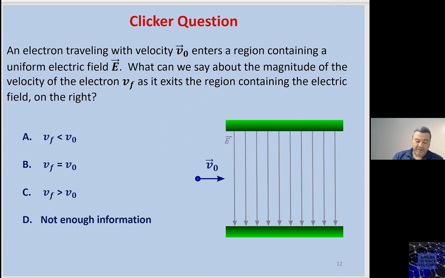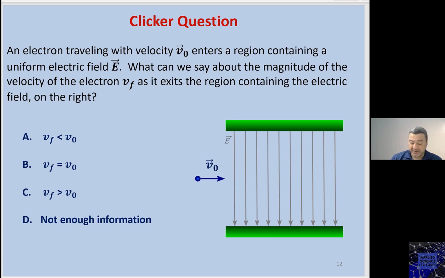So in this question, we need to know that it's an electron going through this electric field. This is a uniform electric field, and it's coming with a velocity v naught. The question is asking what can we say about the magnitude of the velocity of the electron, Vf, as it exits the region containing the electric field on the right.